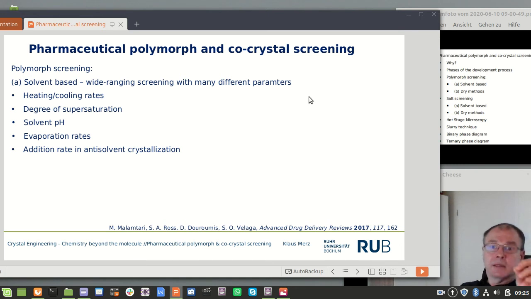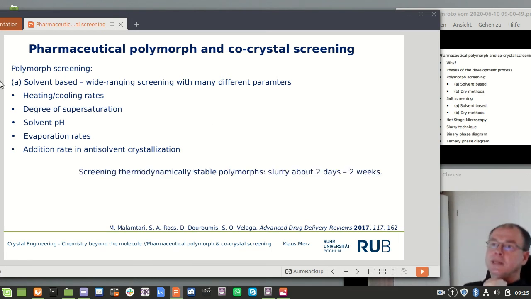And once again, keep in mind the importance of the metastable zone. At which point you will add how much antisolvent. You see, this is always a parameter that can be tuned.